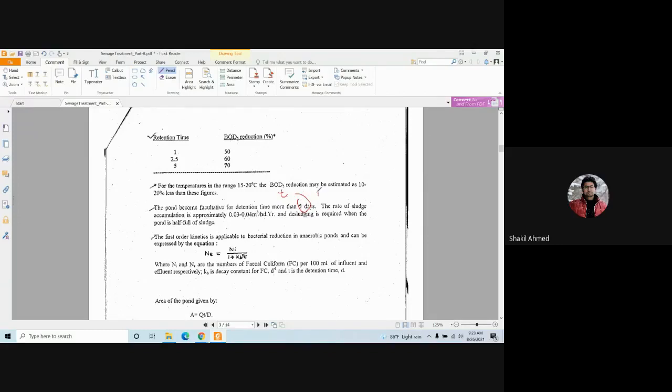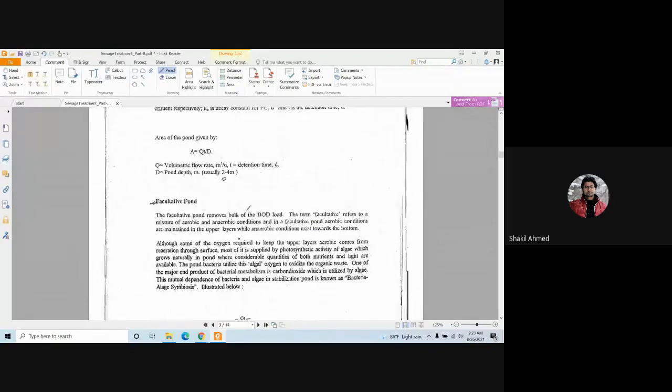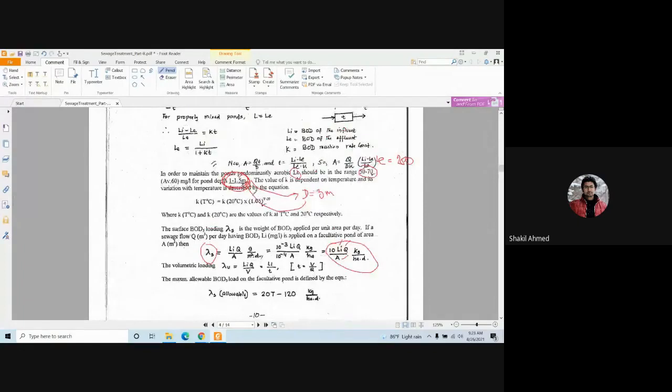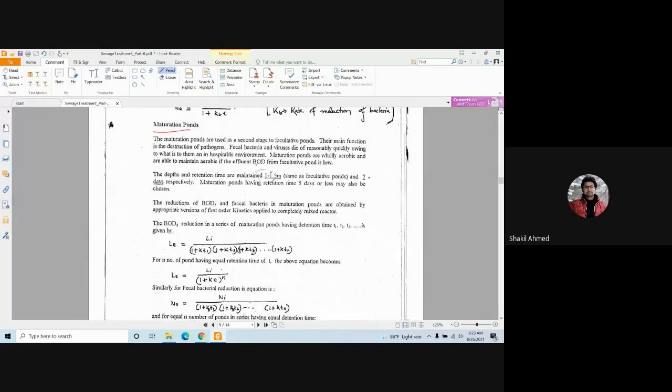Okay, and D can be approximately 5 meter. Okay, for the facultative, I already told you these values for facultative. This is for facultative, and for the maturation pond, your D should be in this range depth, and your T should be in this range.